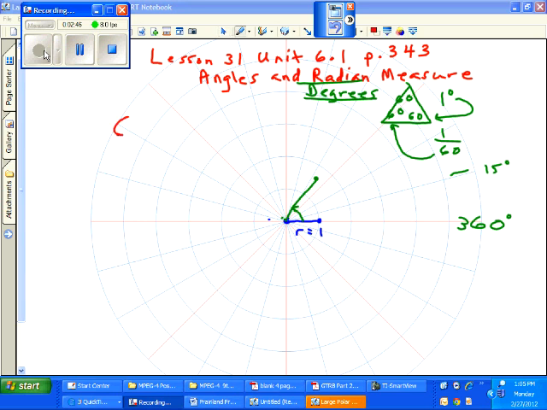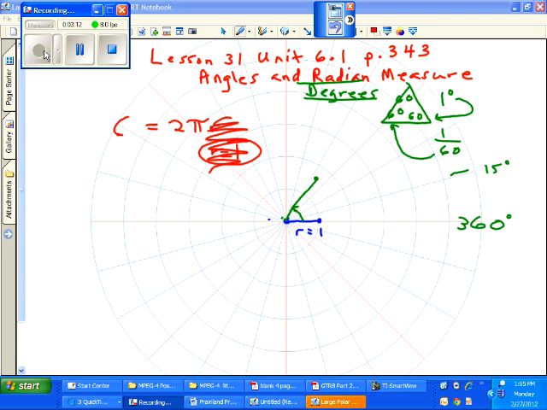What is the formula for the circumference of a circle? That's area. Circumference is 2 pi r. Now, what if the radius is 1? Are we not talking about the unit circle here? What if the radius was 1? What would you have? 2 pi.